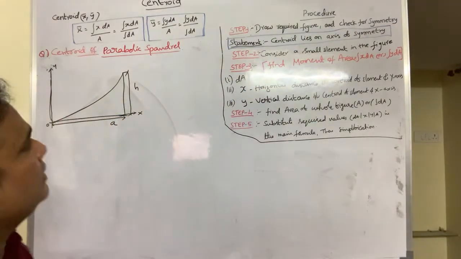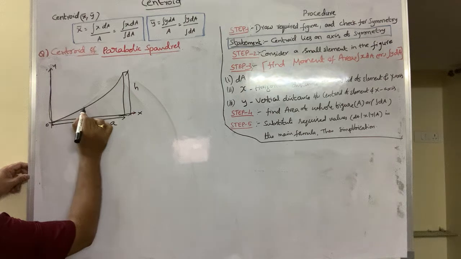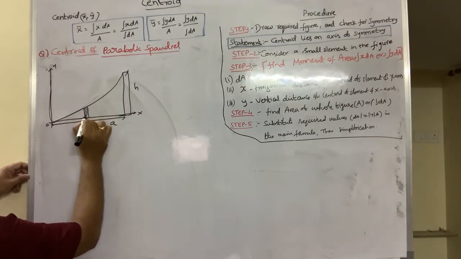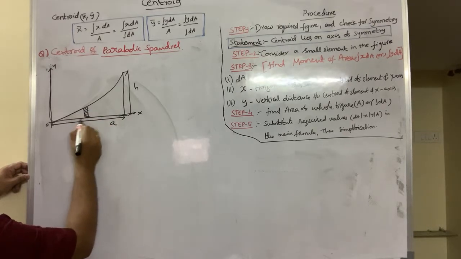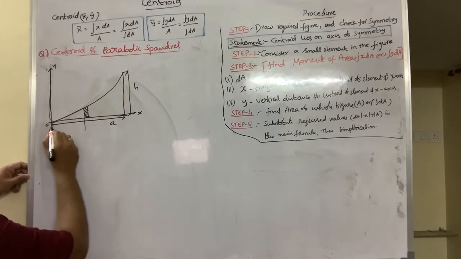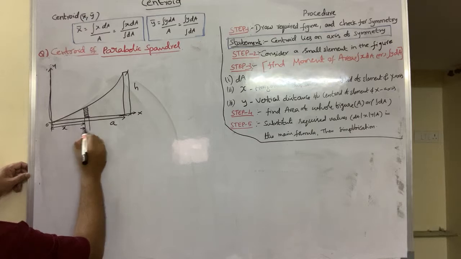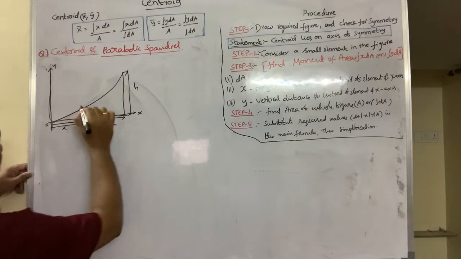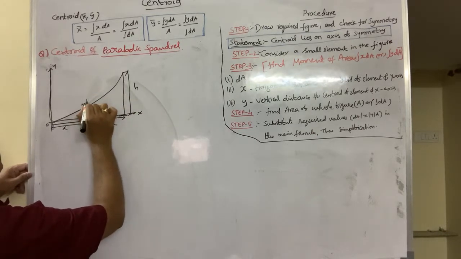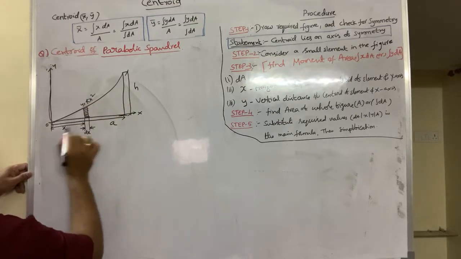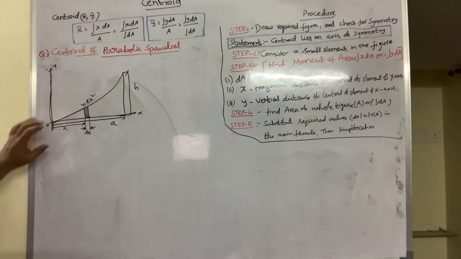Consider a small element in the figure. This element is at a distance of x from the origin O, and it has a width of dx, let us say, and a height y, which for a parabolic spandrel is k times x square, y = kx².